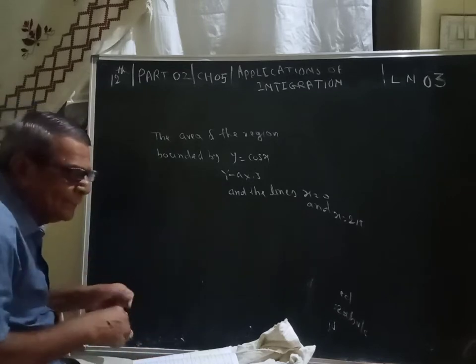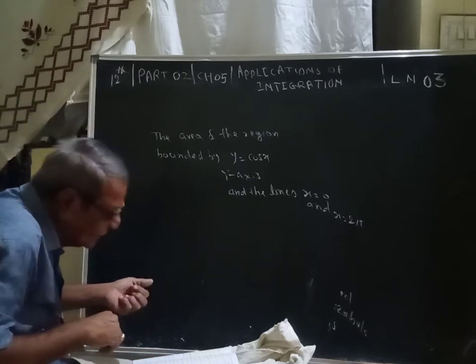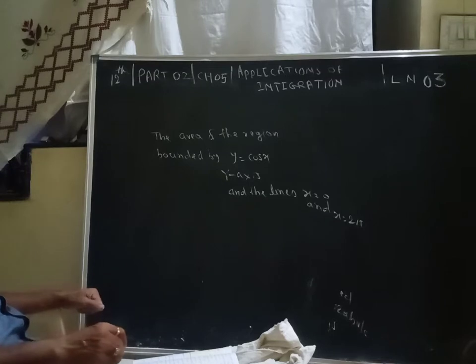So y is equal to cos x. Area included between the lines x is equal to 0 to x is equal to 2 pi. y is equal to cos x.